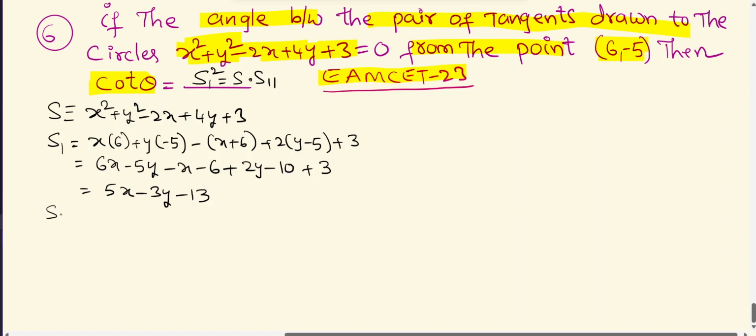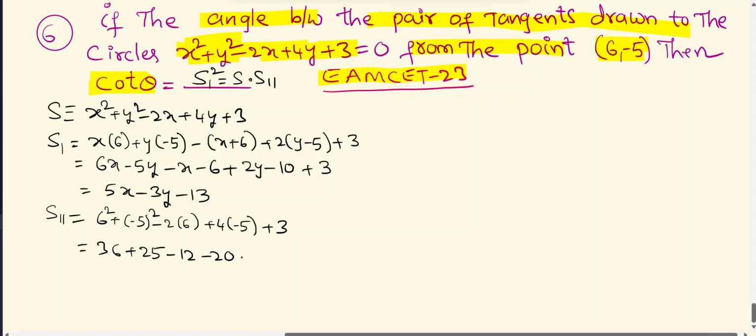And find S11. S11 means substituting the given point in the circle equation, that is 6 square plus minus 5 whole square minus 2 of 6 plus 4 into minus 5 plus 3, that is 36 plus 25 minus 12 minus 20 plus 3. 36 plus 25 is 61 plus 3 is 64, minus 20 minus 12 is minus 32, so 32.